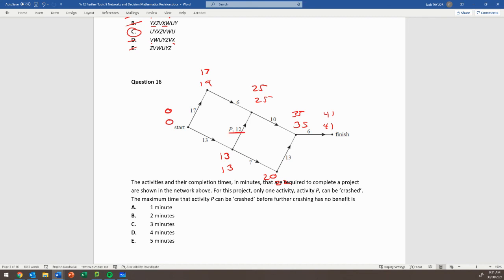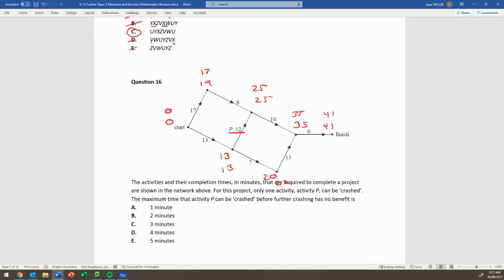What we have here is P being a value of 12. We need to work out what that can be delayed by without delaying the project any further. Or sorry, not what it can be delayed by, but what it can be reduced by and still have benefits to the overall.